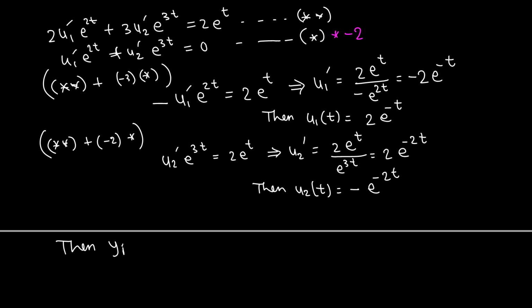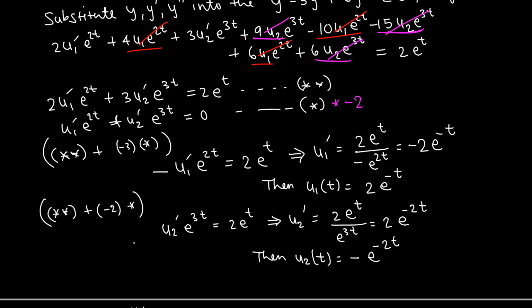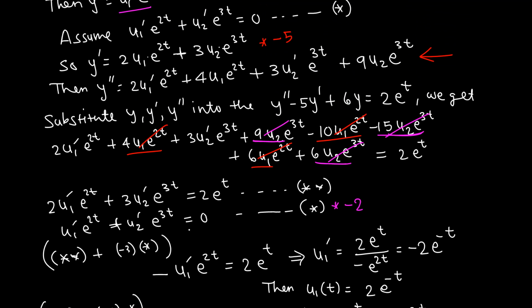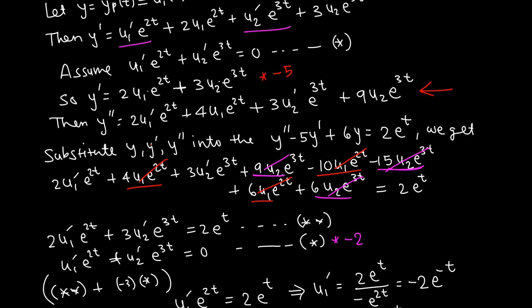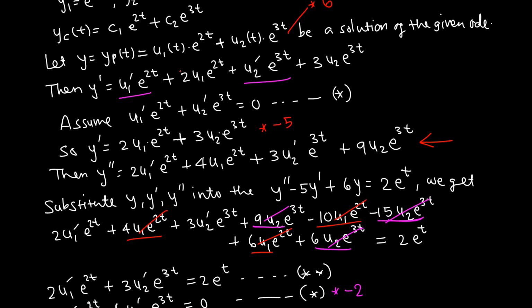Then a particular solution was, if we go up, our particular solution was here, yp, u1 e2t plus u2 e3t.